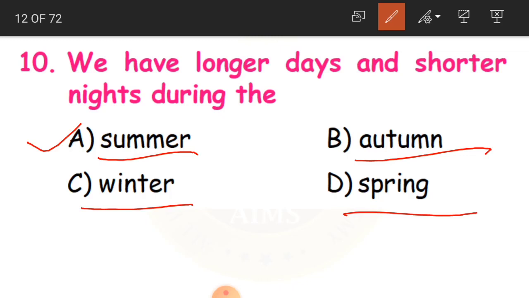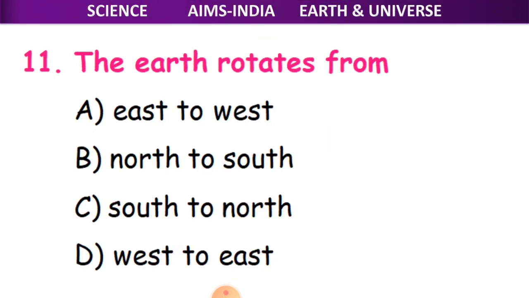But in winters, even until 6:30 in the early morning it is dark outside. And by 5:30, at least by 5:36, it's dark outside again. So that is why summer is the correct answer.